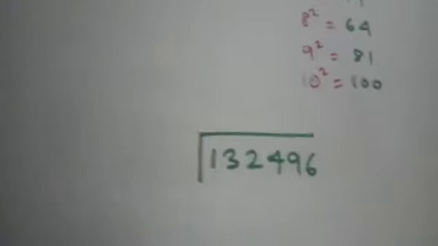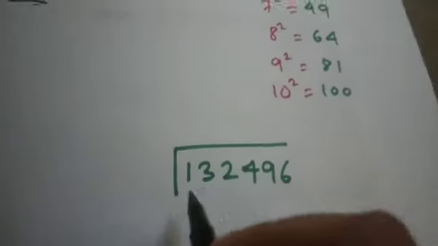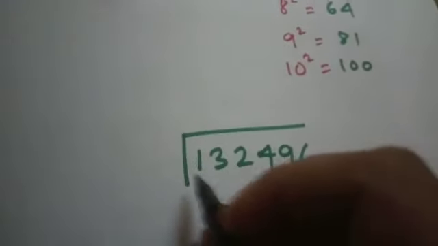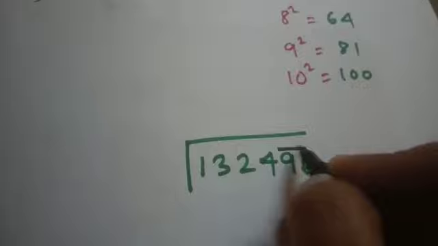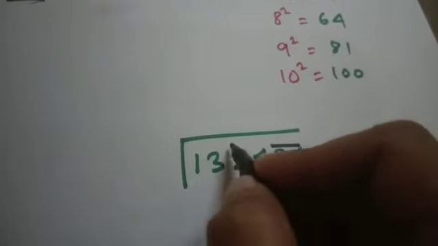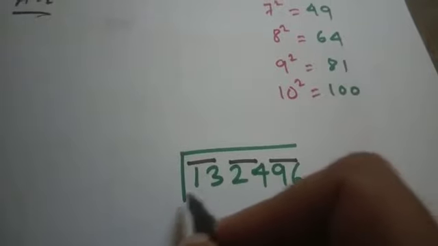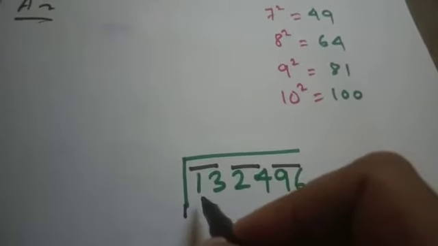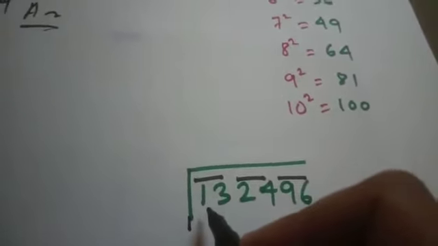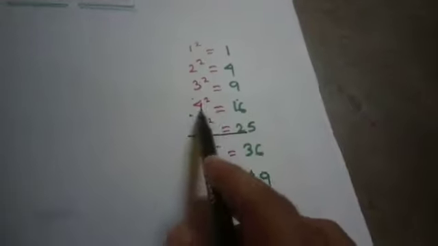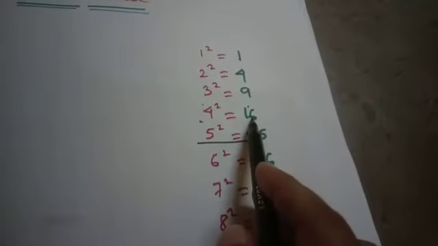Let's see another example. It is a 6-digit number. The process is the same. We pair it from right to left, 96, 24, 13. Now, let's see the table. The number is 13 and we have to find the perfect square. 3 square is 9 and 4 square is 16, but the number was 13.